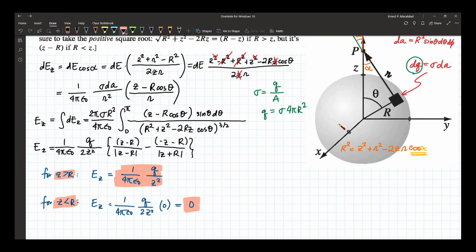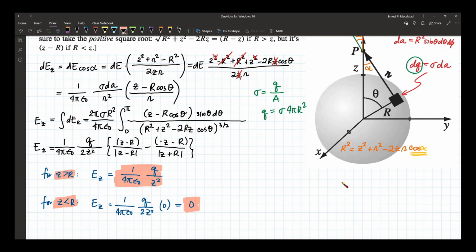So if you're going to put a test charge inside the sphere, that test charge will not experience an electrostatic force. That means it will not move, or it will just float. That charge will just float inside the sphere.